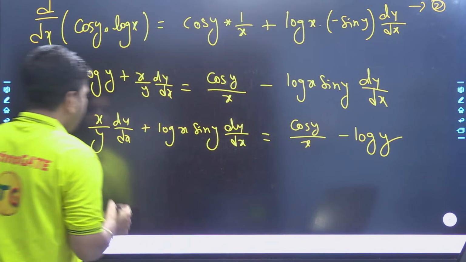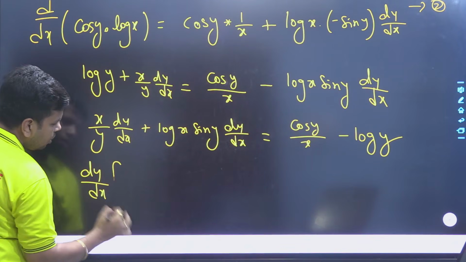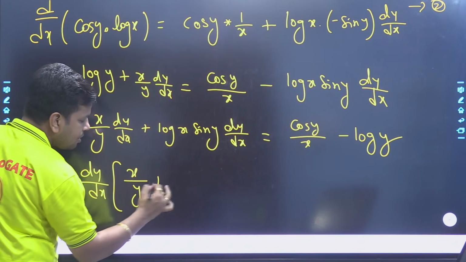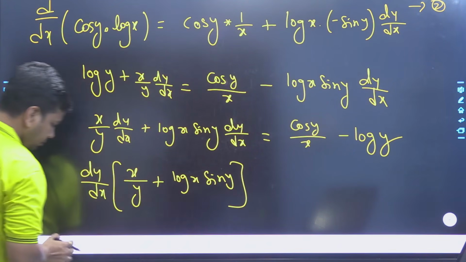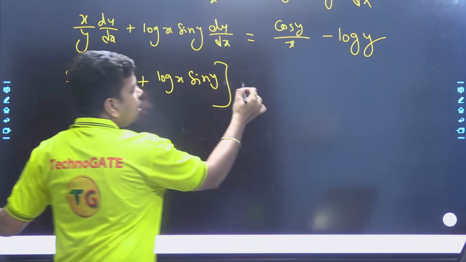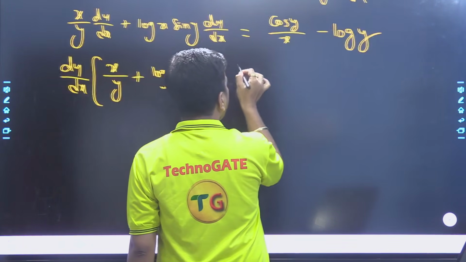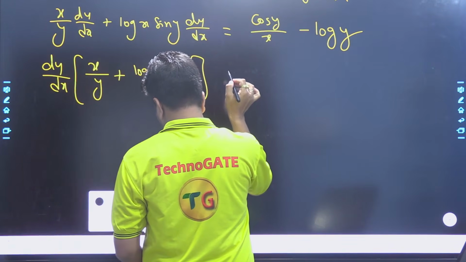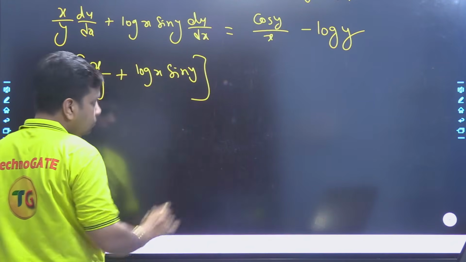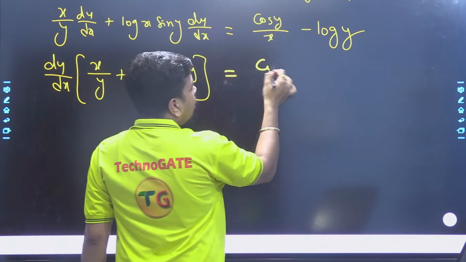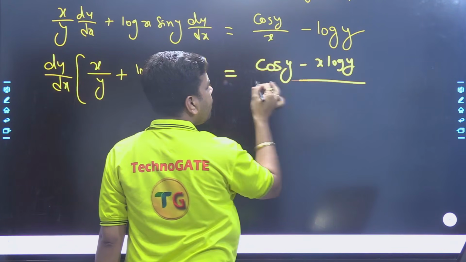Now take dy by dx common. So this one is x by y plus log x sin y, and this is equal to cos y minus x log y divided by x.